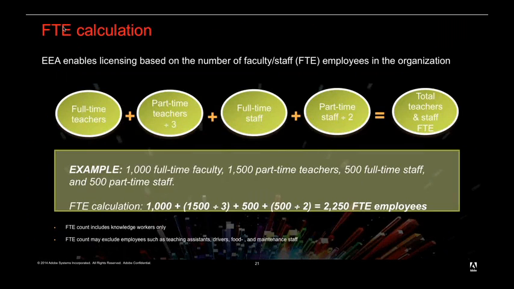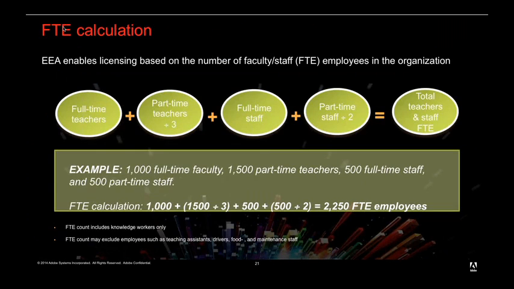So when you're calculating your FTE, full-time teachers are classed as 1 FTE. If they work less than 200 hours a year, then they would be classed as a part-time teacher, and they will be 1/3 of an FTE.